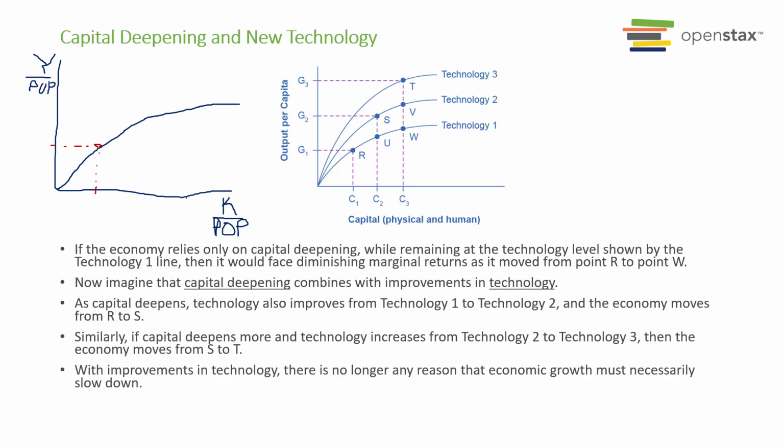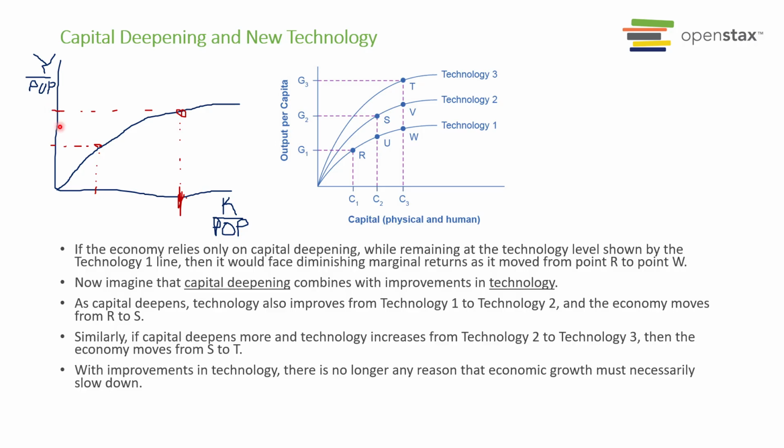And then we can increase the capital way over here, and that gives us this level of GDP per capita over here, right? So this is if technology does not change at all. The only thing we changed was we increased capital from here out to here, but GDP went from here up to there, right?